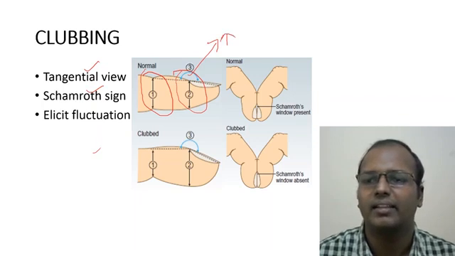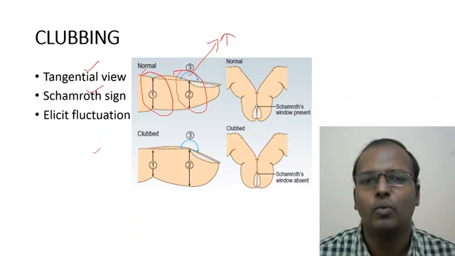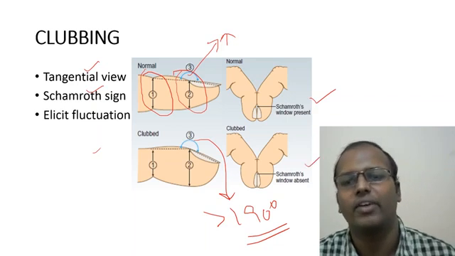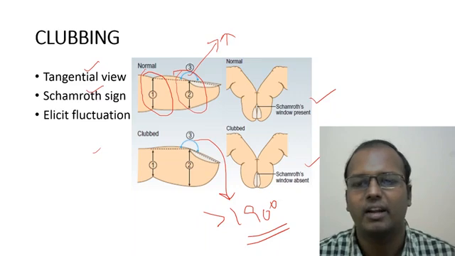If the nail fold angle is more than 190 degrees, that equals clubbing. The Shamrock window should be present; if the window is absent, that is also clubbing. These are the findings with which you can diagnose clubbing.